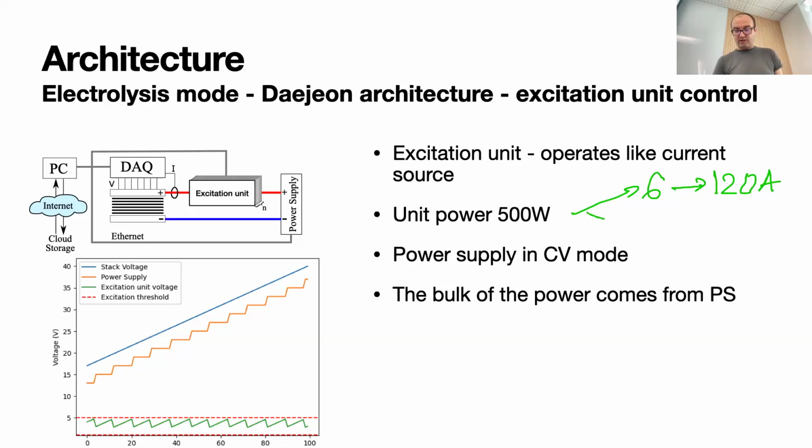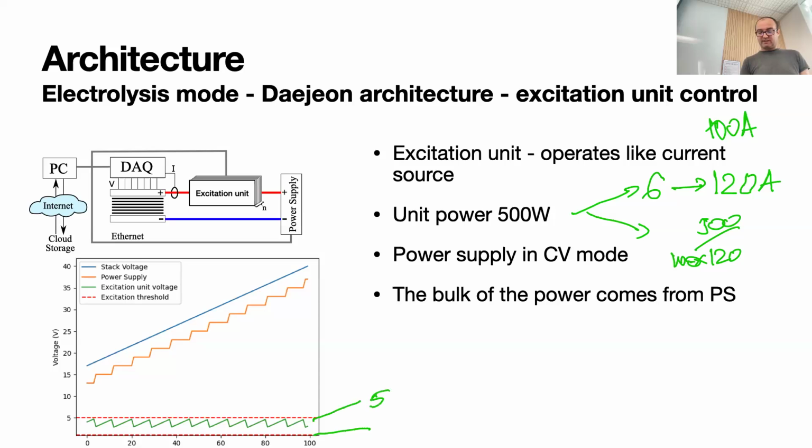And its voltage, accordingly, here the low voltage doesn't matter. The high one is 500 divided by 120. It's the maximum voltage that it can occur. So because we are going to run it up until 100 amps at Darshan, it means that our unit, the voltage should not ever exceed 5 volts.